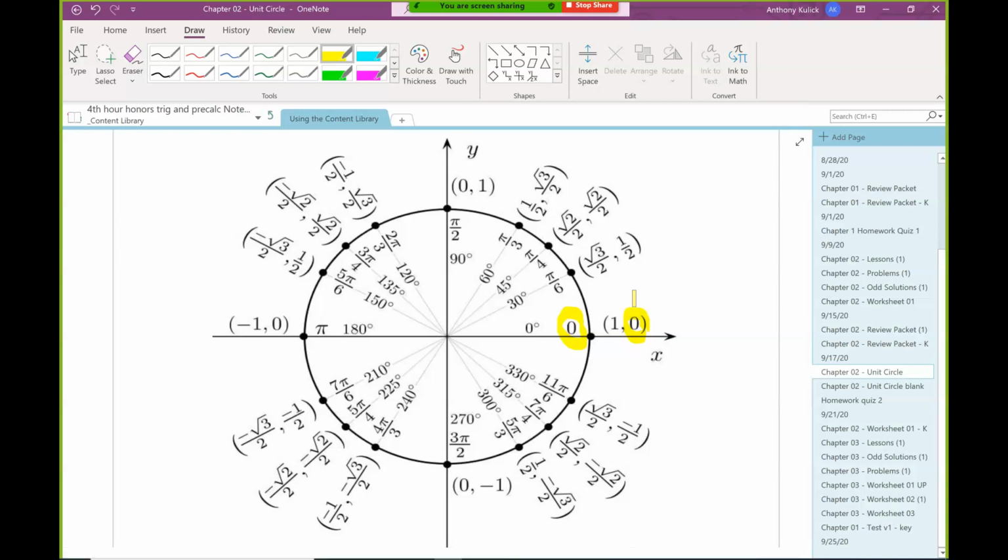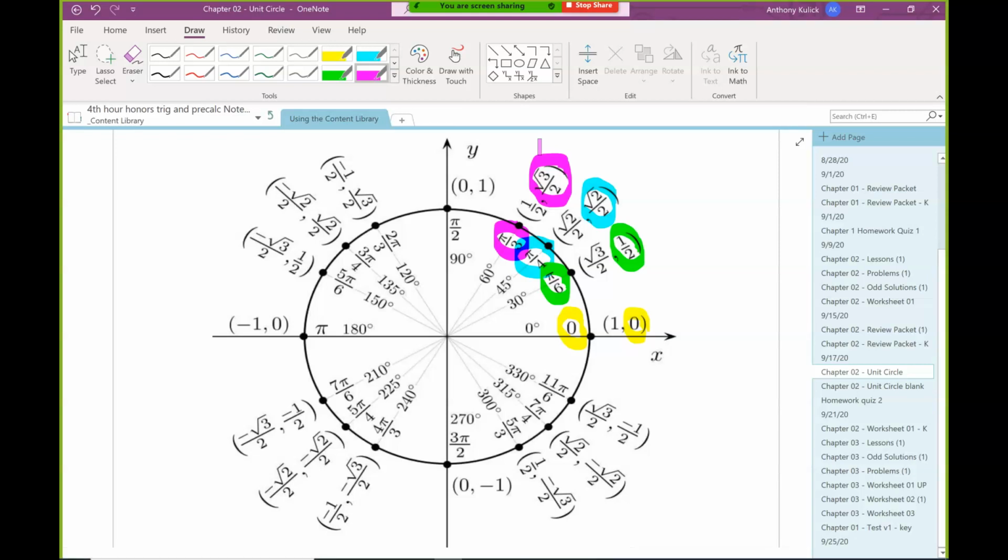So the first point I would graph would be the point 0, 0. And then my next point would be the point pi over 6, comma 1/2. And then I'd have the point pi over 4, root 2 over 2, then pi over 3, root 3 over 2, etc., etc., etc., right?